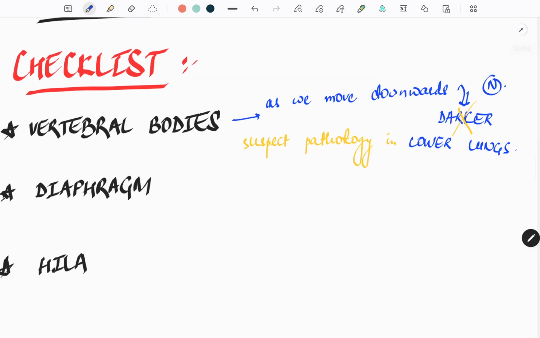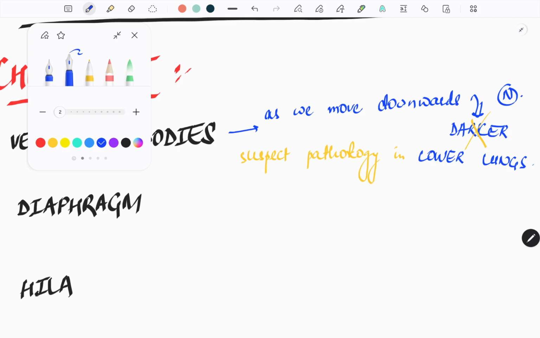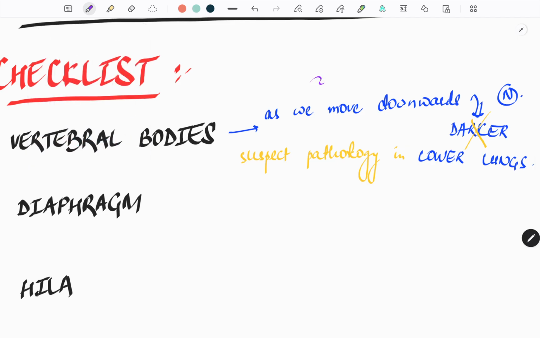And why should these vertebral bodies appear darker as we move downwards? Because there is less soft tissue as we move downwards.